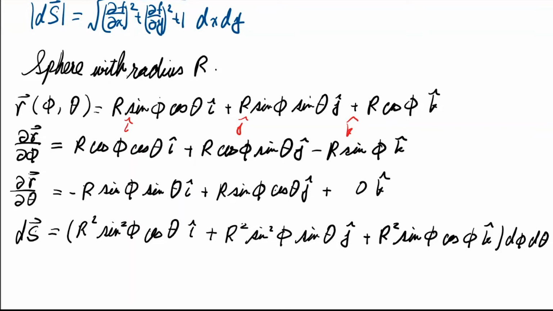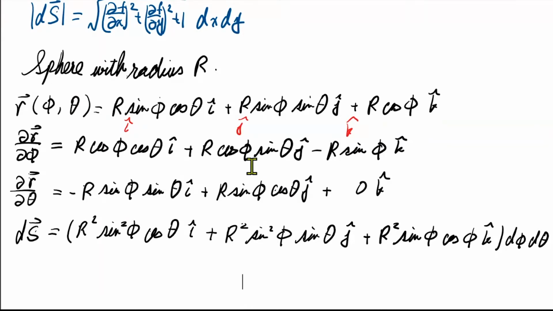I forgot to mention, but how do you know which one goes first? Because if you switch the order in the cross product, it gives you the opposite. You have to think about it. If it's just an umbrella looking type of surface, it doesn't matter because there are two sides. But if it's an enclosed surface, like a sphere, then you want to do it in a way that you get outward dS vector.